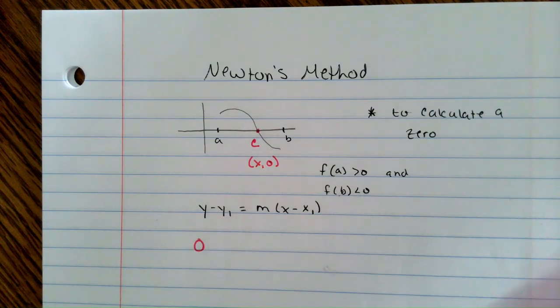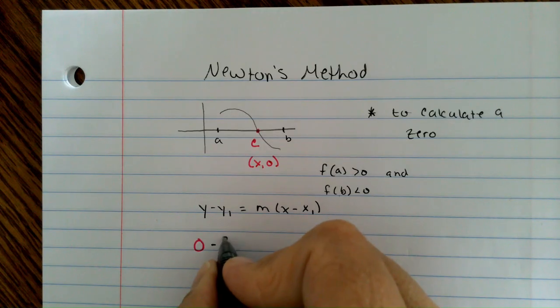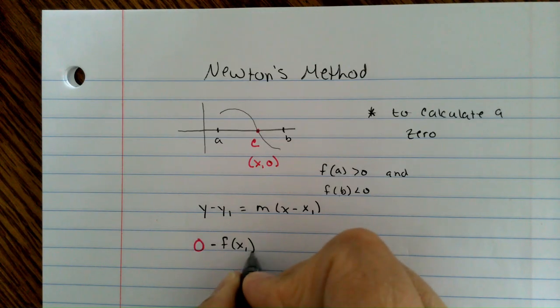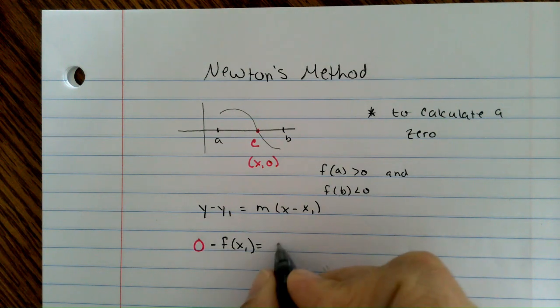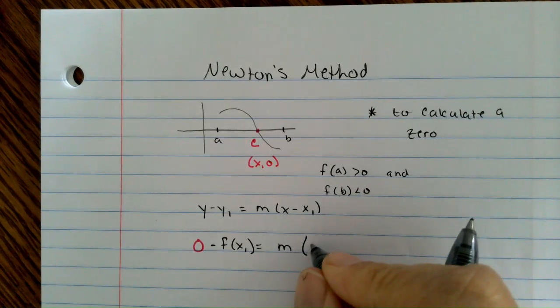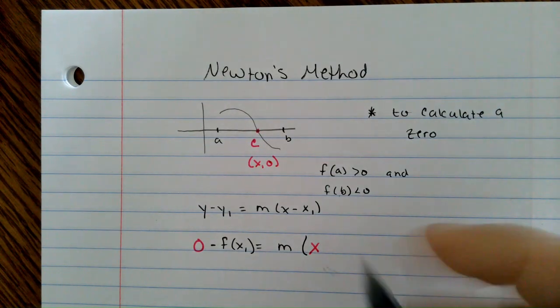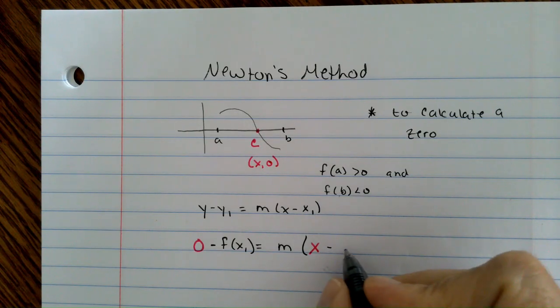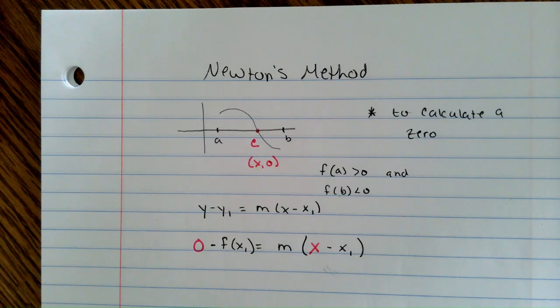So 0 minus, I'm going to call it f of x sub 1, equals our slope, our C value, right? I'm going to call it x, minus x sub 1. Okay, so let's solve for x.